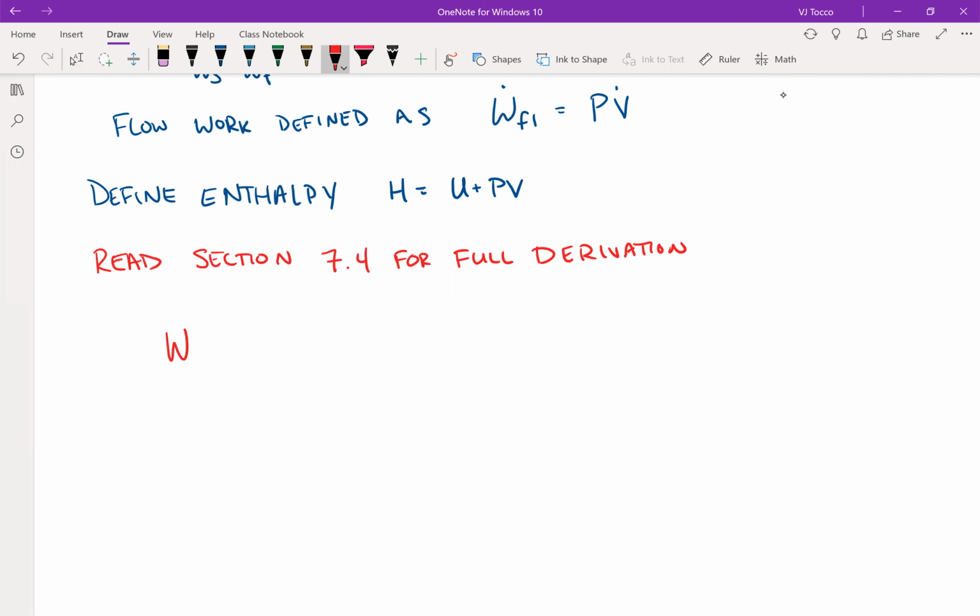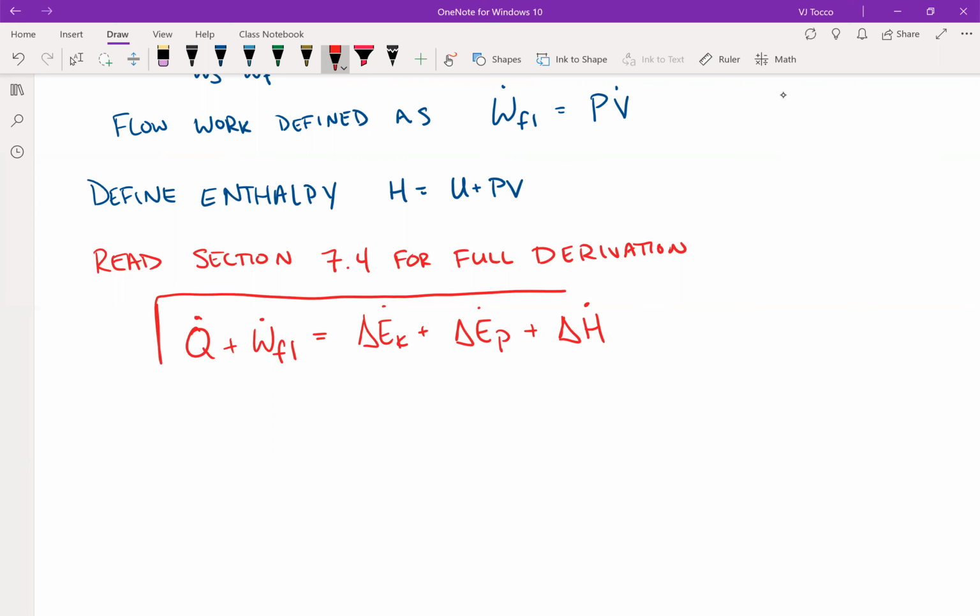So for the open system energy balance at steady state, it is Q dot plus flow work is equal to delta EK plus delta EP, where all of these are now flow rates, plus delta H instead of delta U, where delta H also has a dot that signifies that there's a flow rate. And so this is the open system energy balance.